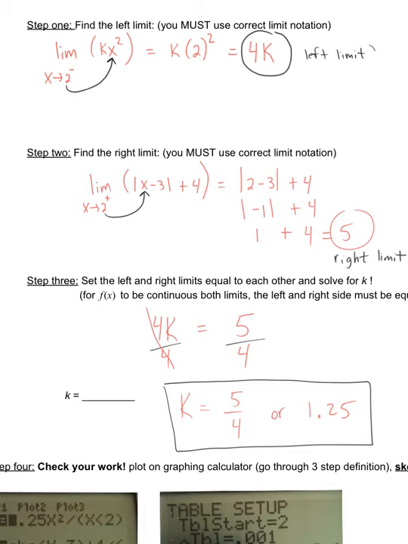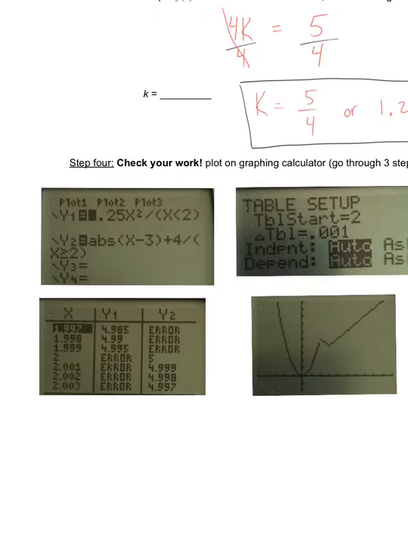Now we're going to check our work. Check this out. We go to our calculator. We go to y equals, and we plug in the piecewise function, but we put in what our value of k is. All right, this is 1.25. But we put the 1.25 in for k.